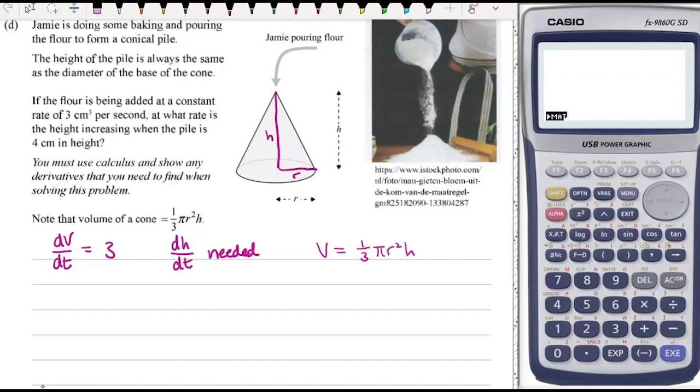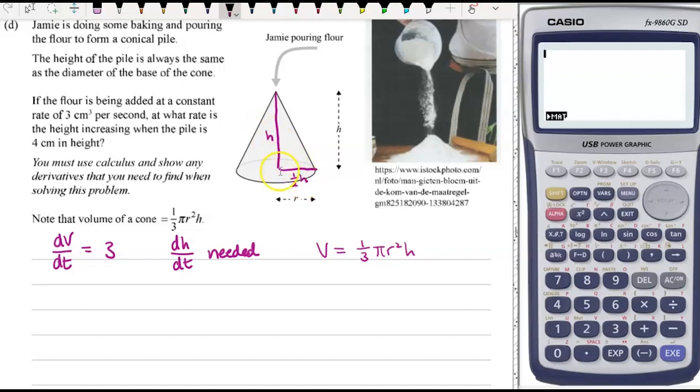We're also told that this bit here, the height of the pile, is always the same as the diameter of the base of the cone. So the radius will be half as much as the height because the diameter was the same as the height. Now we could either express h in terms of r or r in terms of h.